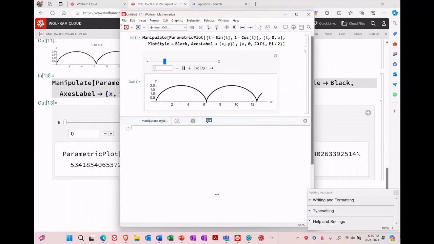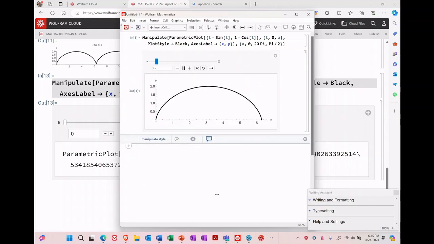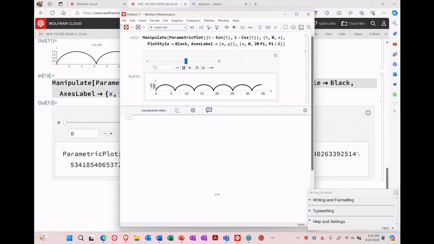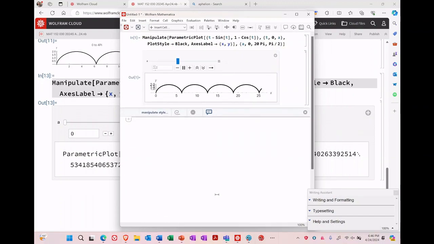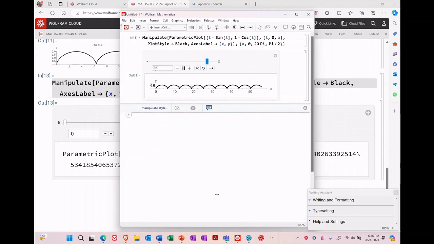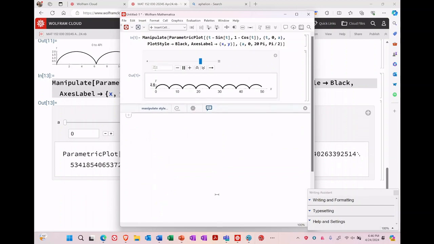This type of curve is called a cycloid. Uh-oh. Why did you stop? I didn't tell you to stop. Oh, you crashed. Did you?